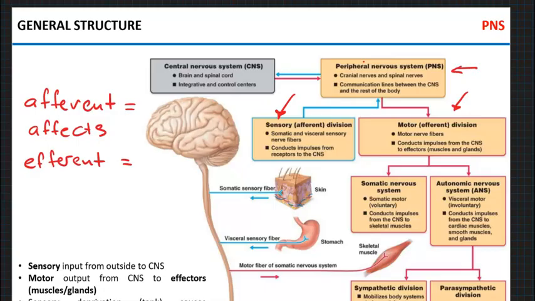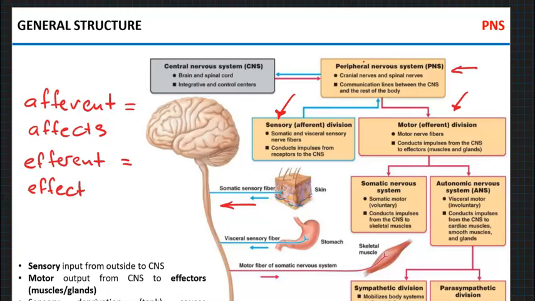and a sort of mnemonic rule here is that your motor actions produce an effect. Okay? So it's not a rule of thumb, it's a law. Sensory signals go from the periphery towards the central nervous system.